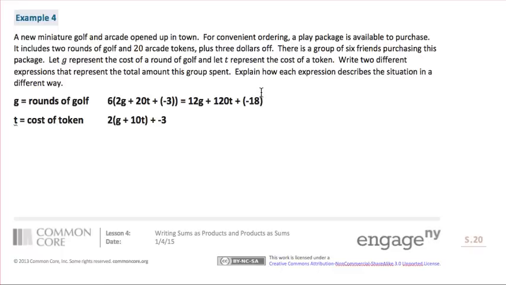There we have two different expressions that show it two different ways. This one shows how much each person will owe and then multiplies times the number of people. And this one shows how much the total group will spend.